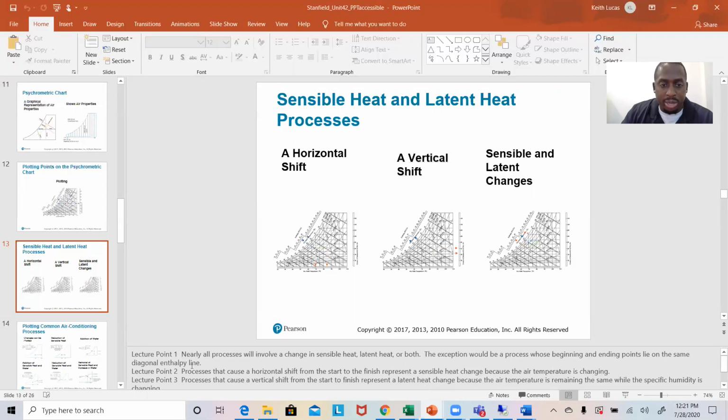So nearly all processes will involve a change in sensible heat, latent heat, or both. The exception would be a process whose beginning and ending points lie on the same diagonal enthalpy line. Processes that cause a horizontal shift from the start to the finish represent a sensible heat change because the air temperature is changing.